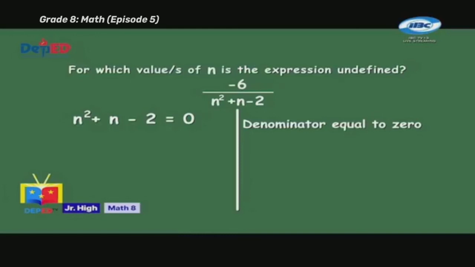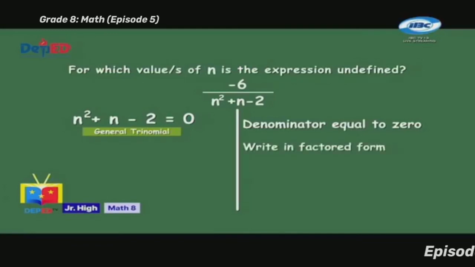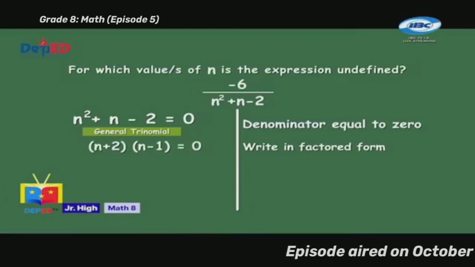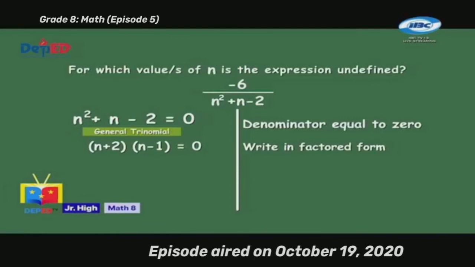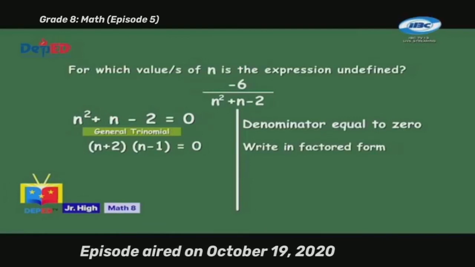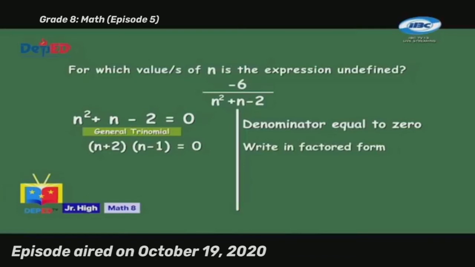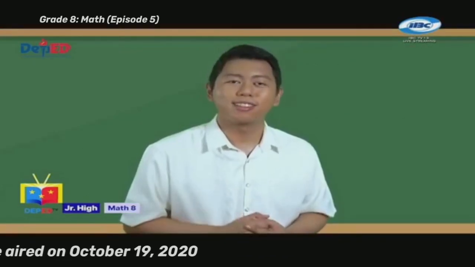The polynomial is a general trinomial, so we need to find the correct factors. The equation can be expressed as the quantity of n plus 2 times the quantity of n minus 1 equals 0. What will we do next?